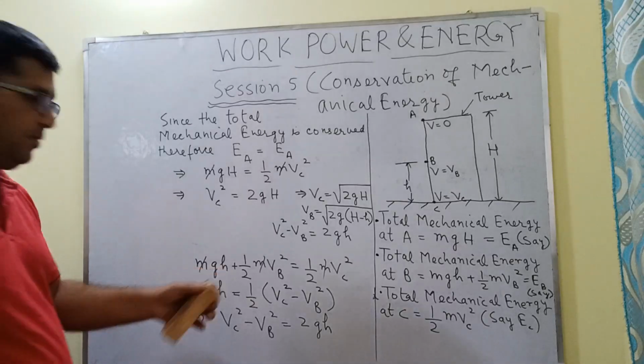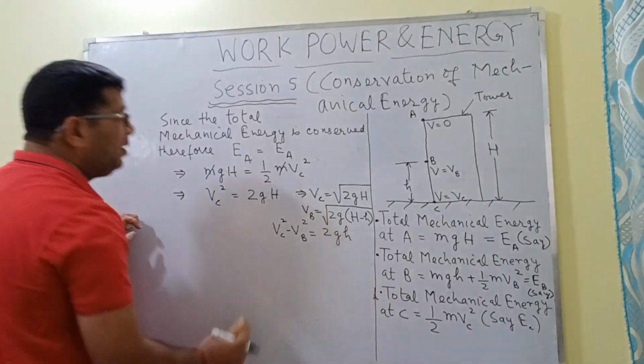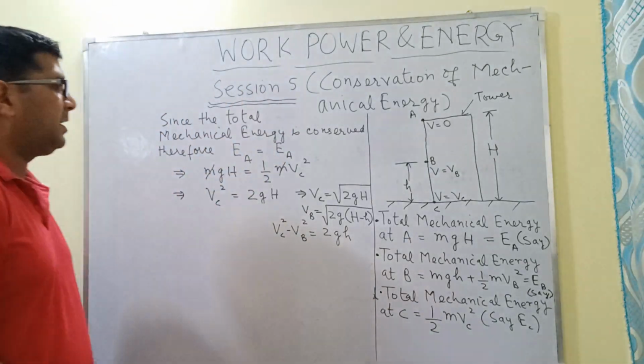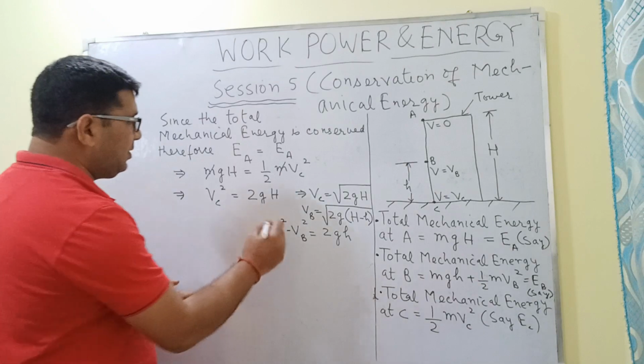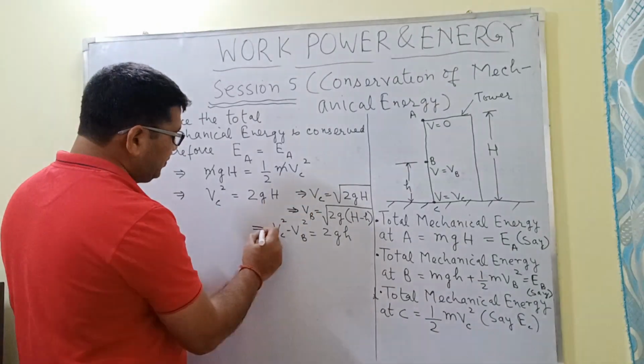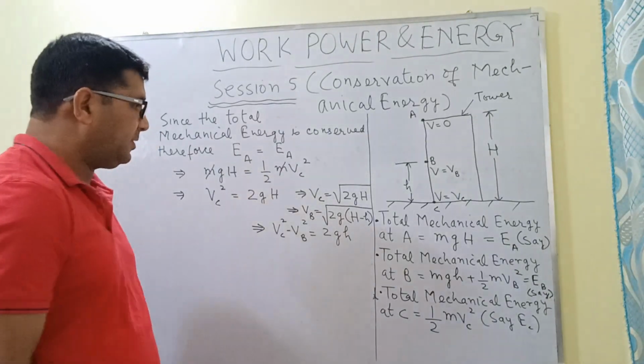So this is the third relation which I have got by using the principle of conservation of total mechanical energy. So these are the three equations which we were able to derive using the principle of conservation of total mechanical energy.